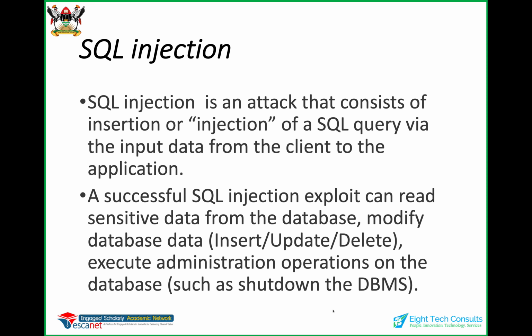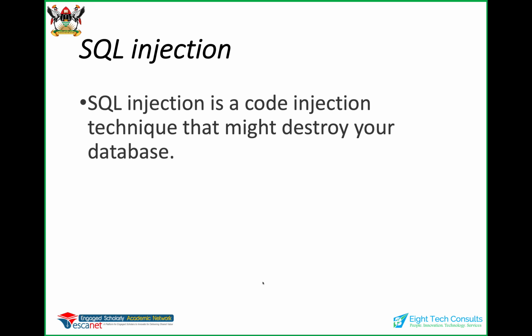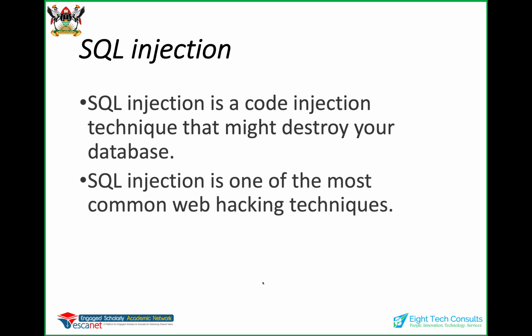It can go ahead and execute administration operations such as shutting down our database. So if an SQL injection is successful, it can really be dangerous to our database. SQL injection is a code or a technique that might destroy our database, and it is one of the most common web hacking techniques.